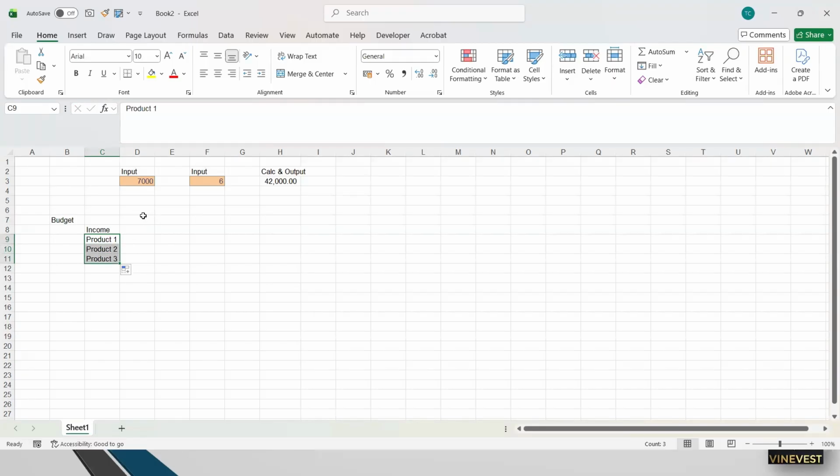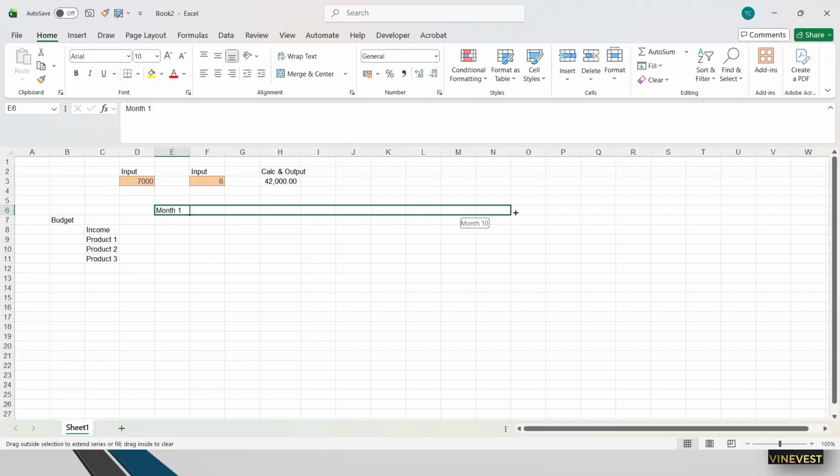Then most times budgets are done on a monthly basis. Let's say month one. So let's say it's a 12 months budget.